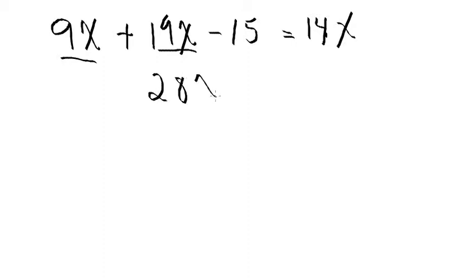So we have 28x minus 15 is equal to 14x. Let's go ahead and subtract 14x from both sides.